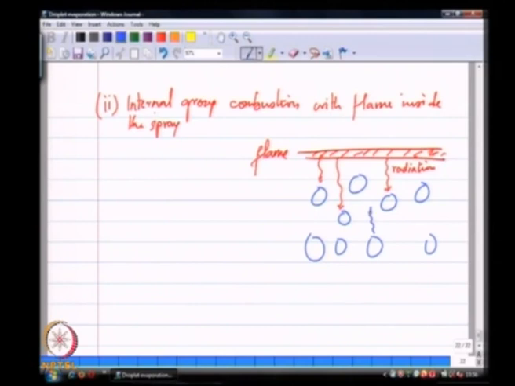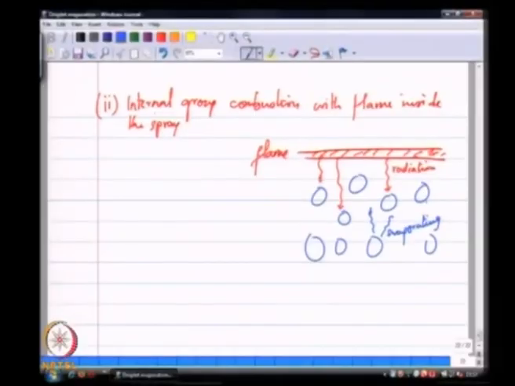So, these droplets are evaporating because there is heat transport and the interstitial air is still unsaturated at that temperature. So, you do have an evaporation process that is taking this vapor release process forward, but the interstitial space is sufficiently small that I do not have a flame residing inside the spray.